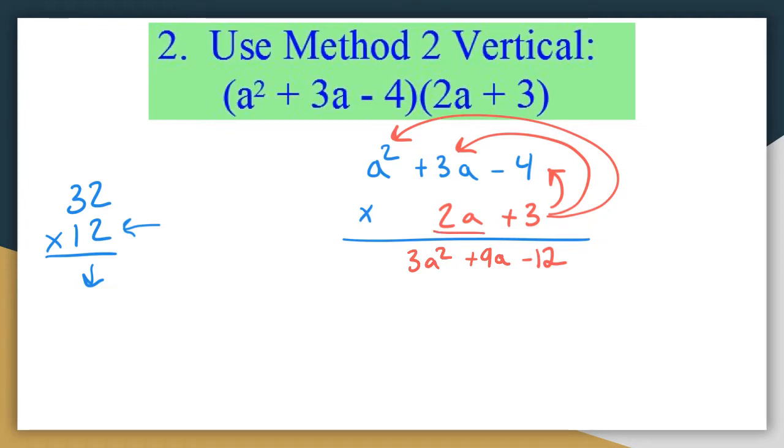Well, I can't forget about this 2a. Just like I would do in a second or third or fourth digit, I'm going to now multiply by that second, third, or fourth digit. In this case, it's the second digit, or second place. It's the second term. I have 2a. Now, 2a will be multiplied by negative 4. And I'm actually going to put in a placeholder of 0, and that should make sense why we're doing that. You don't have to.